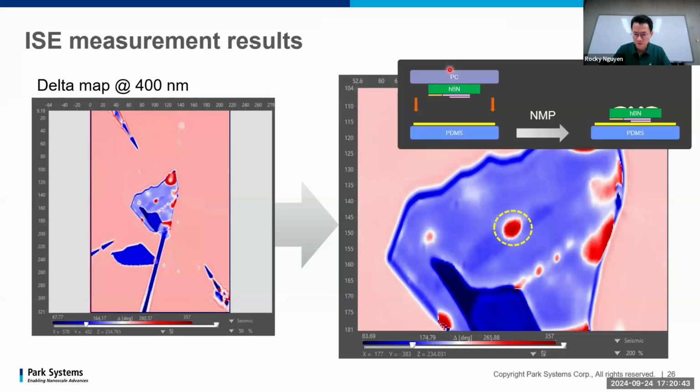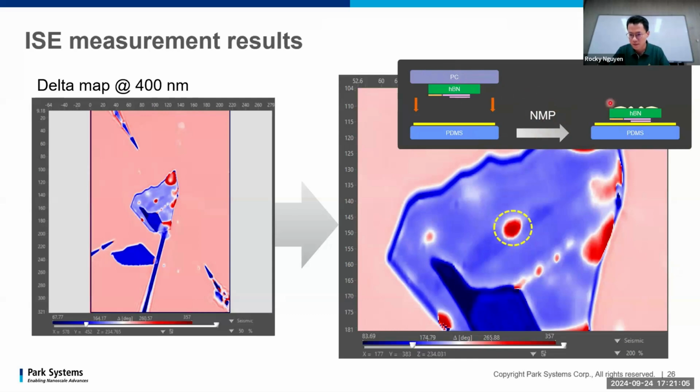The reason for this spot to occur is that during sample preparation, we use the NMP solvent to clean up the polycarbonate film. However, it is not possible to clean up 100% without any trace or residue.